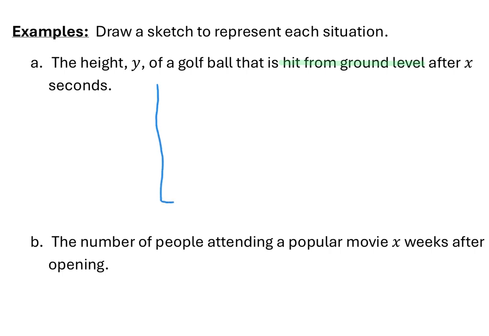Because we are talking application problems, we're going to restrict ourselves to the first quadrant. And when we talk about a golf ball, what we mean is after we hit it, it goes up and then it comes back down. It's not a fantastic picture, but we'll go ahead and go with it.